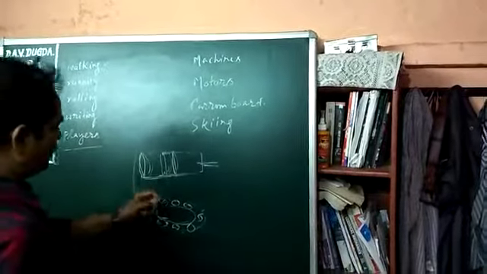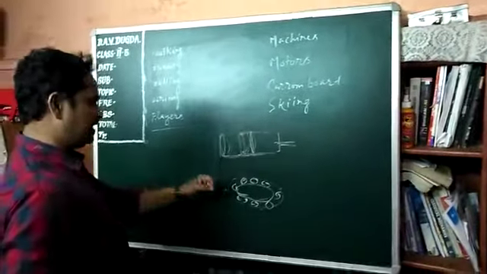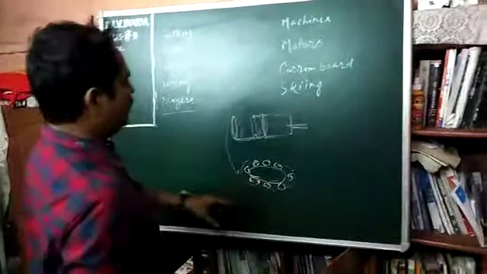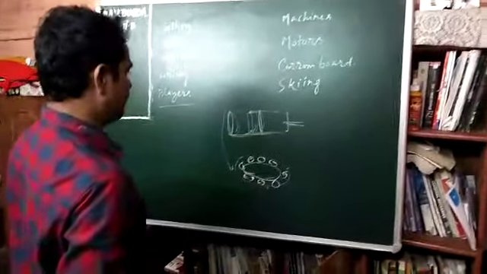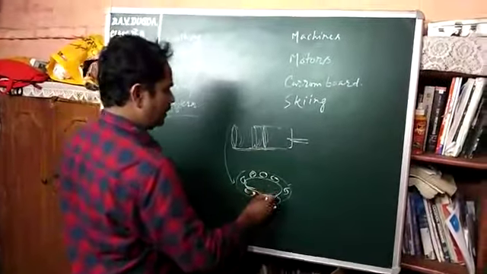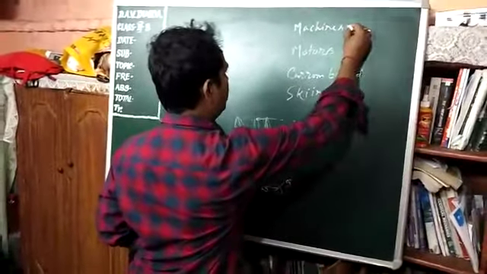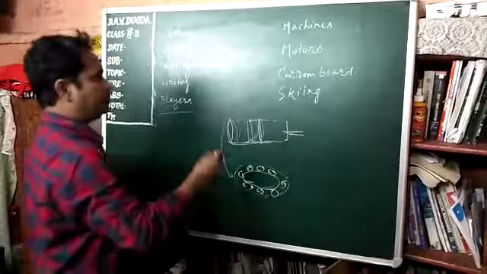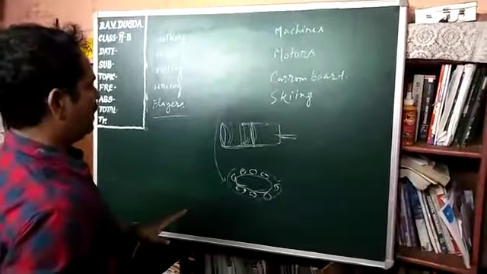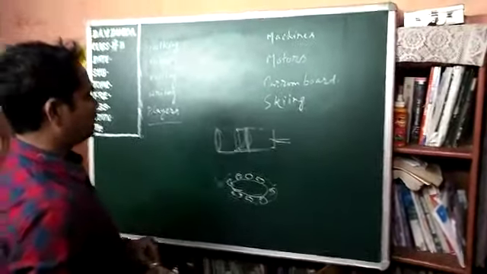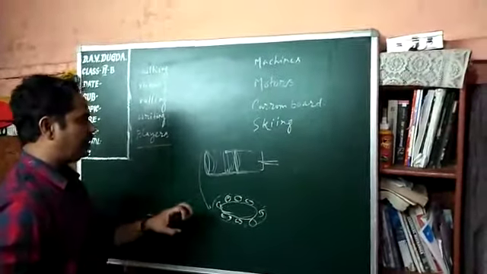Also we use machine oils, engine oils, and greases to reduce the friction. So friction needs to be reduced in motors and in machines, and we do some arrangement to reduce the friction. Sometimes we use grease, sometimes mobile oil, sometimes engine oils.